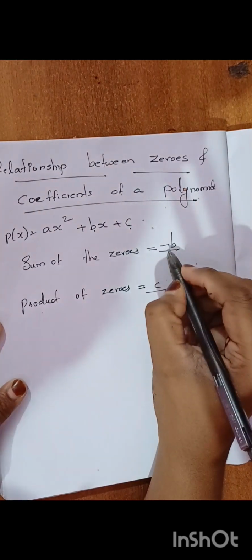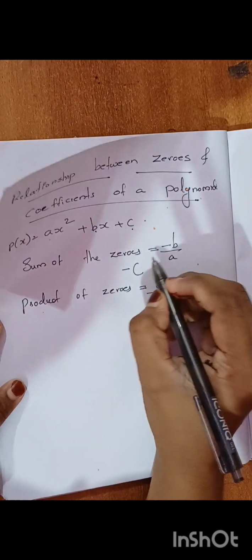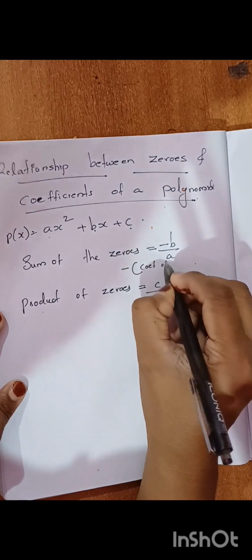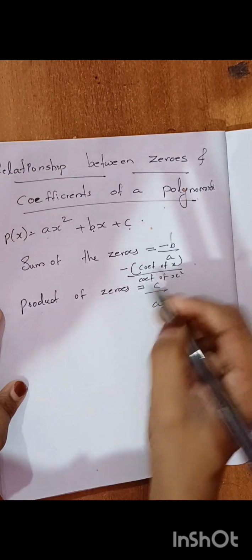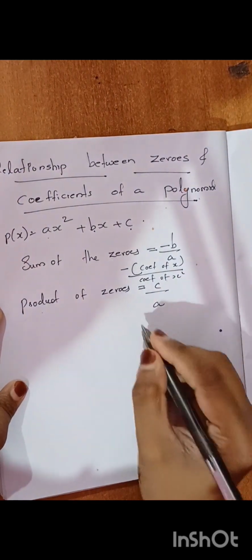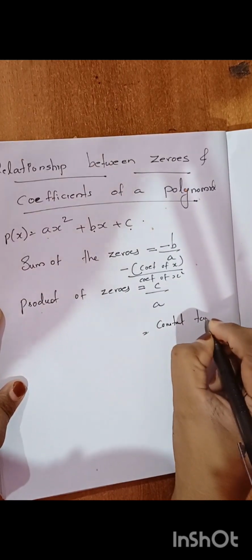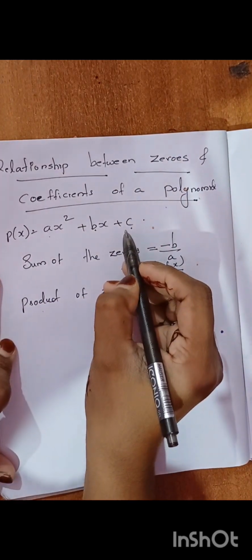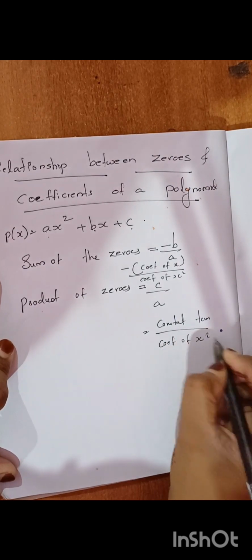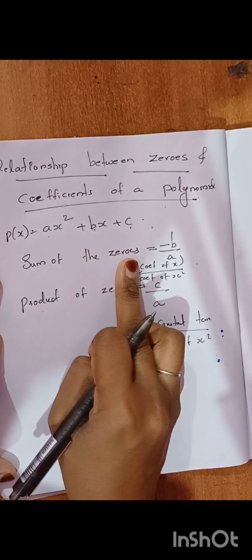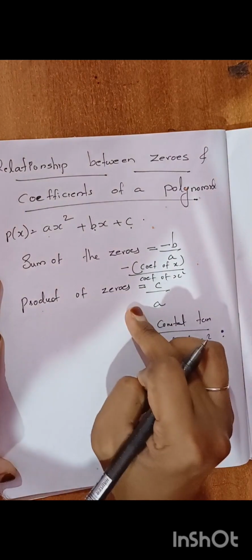That is, minus b means the negative of the coefficient of x, divided by the coefficient of x square, and the product of zeros is equal to c by a, where c is the constant term divided by the coefficient of x square. So the equation to find the sum and product of zeros is given here: sum of zeros is minus b by a and product of zeros is c by a.